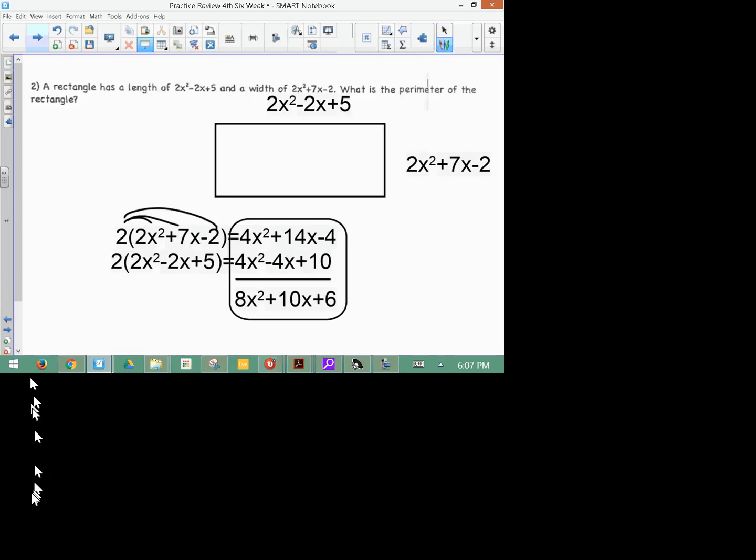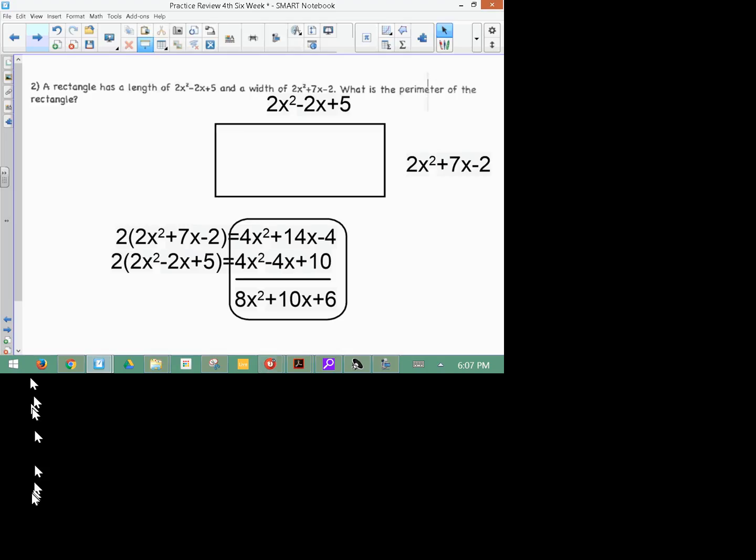2 times 2x squared is 4x squared. 2 times 7x is 14x. And 2 times negative 2 is negative 4. If I use the distributive property on the length, 2 times 2x squared is 4x squared, 2 times negative 2x is negative 4x, and 2 times 5 is 10. So this represents all 4 of my sides.